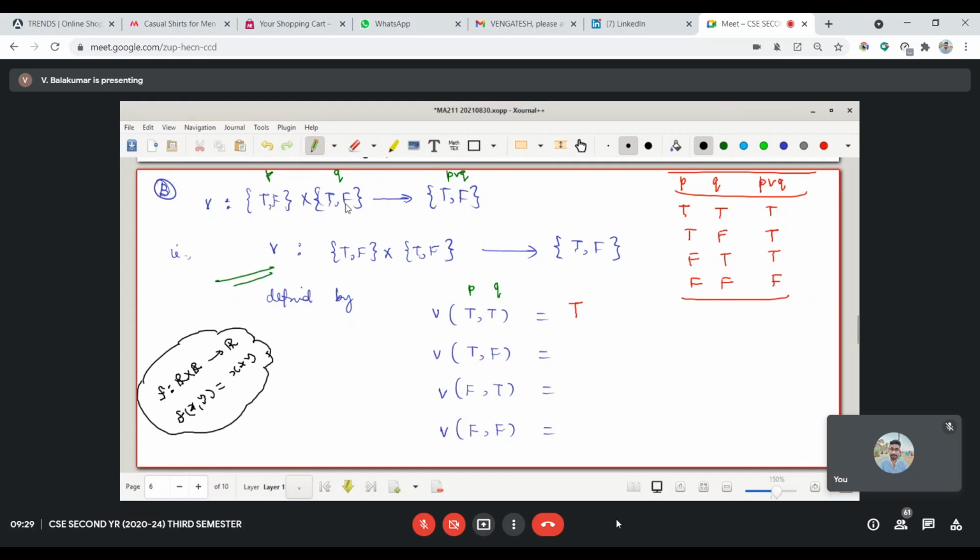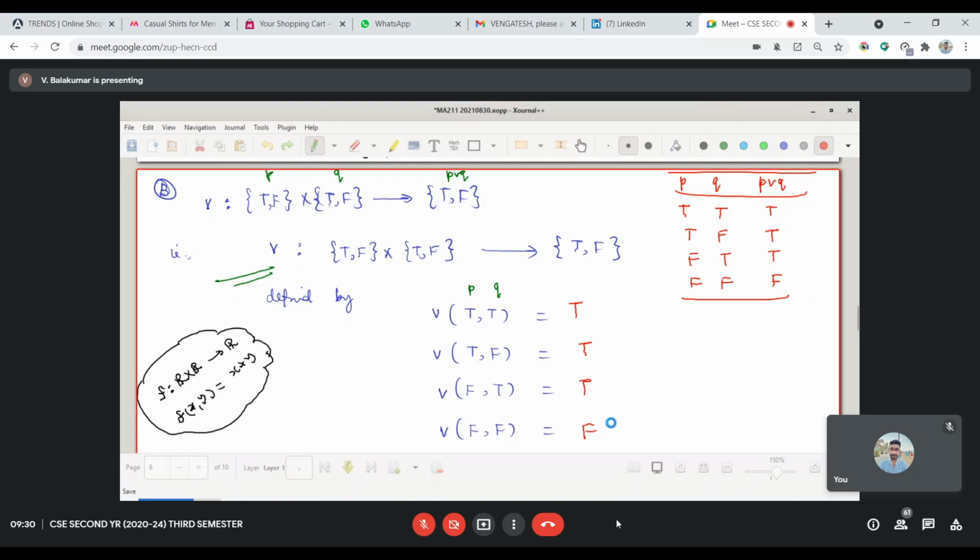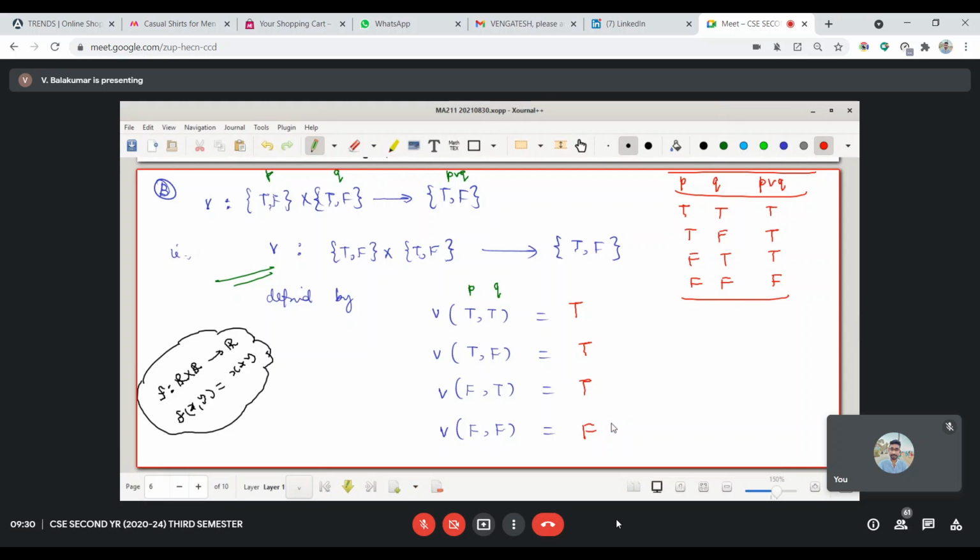Here also you are giving me two inputs, and for that I am assigning one output. If P is true and Q is false, two inputs you have given, I am assigning one output. Are you following this? The red color truth table we have seen already actually has two inputs, one output. So I'm writing that as a function.